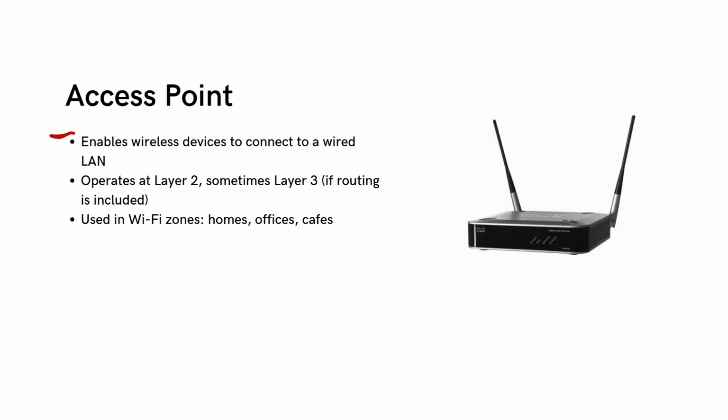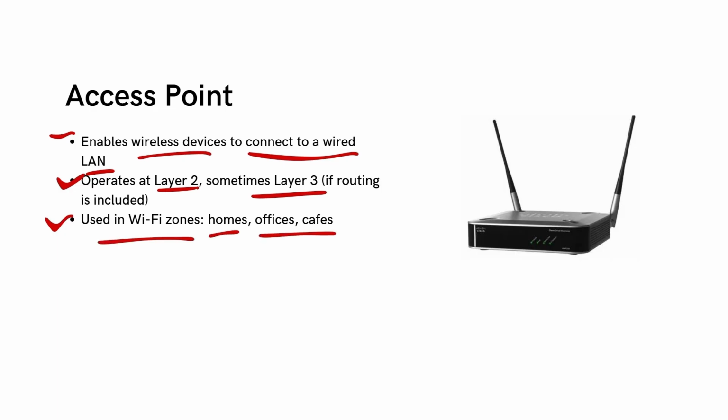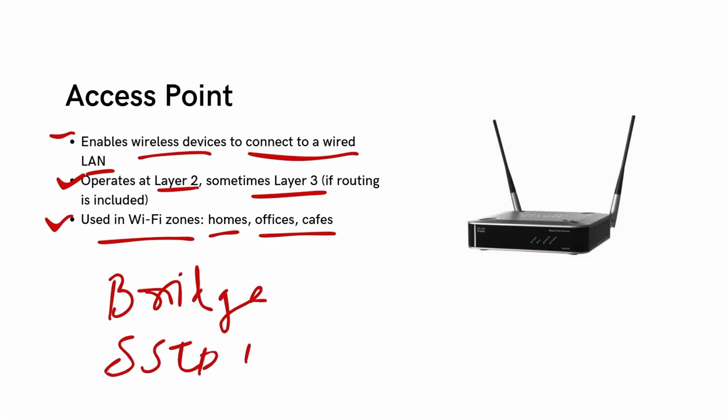Access point. It enables wireless devices to connect to a wired LAN. It operates at layer 2 of the OSI model, sometimes layer 3 if routing is included, and it is used for Wi-Fi zones, homes, offices and cafes. It connects wireless devices to the wired network, and it acts as a bridge between Wi-Fi and Ethernet, and it uses SSID broadcasting and WPA2 and 3 encryption.